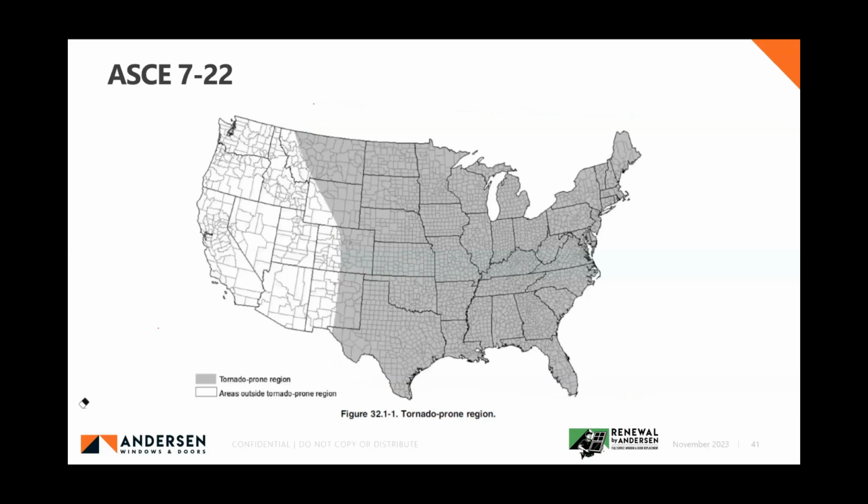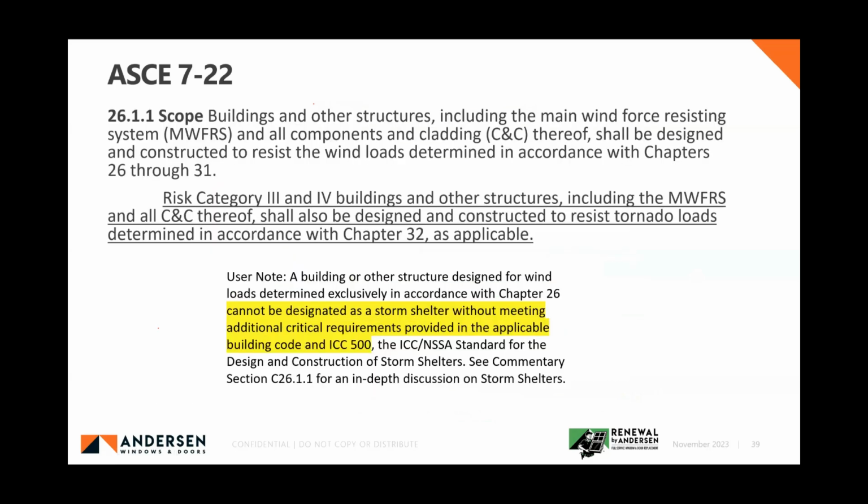Okay. One thing I wanted to point out before we get into the other exceptions is that you need to understand what you're getting when you design buildings for tornadoes in ASCE 7-22. Okay, these are not storm shelters, and they are not going to function as a storm shelter.